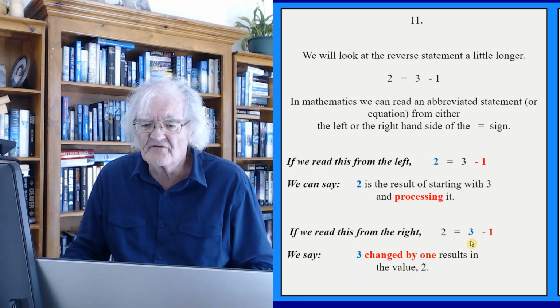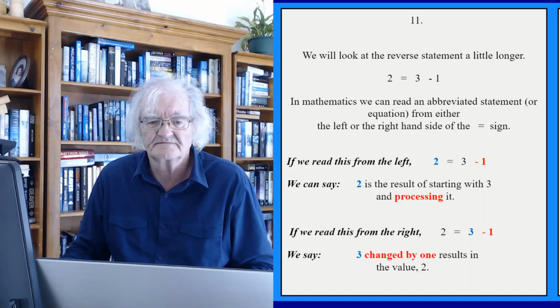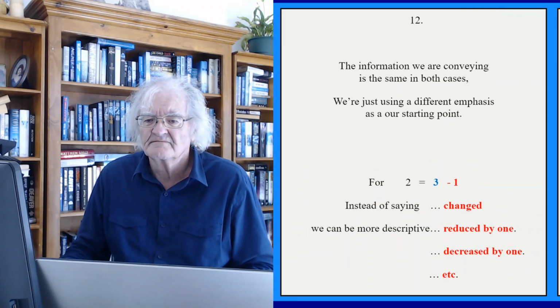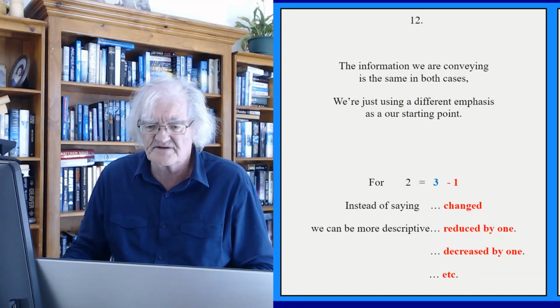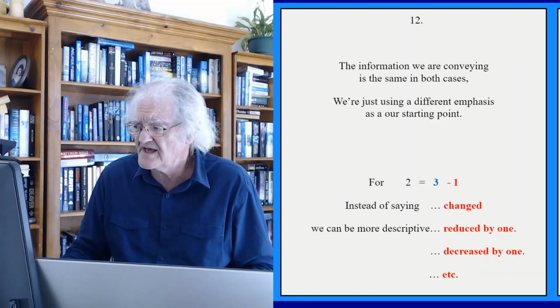If we read it from the right, we say 3 changed by 1 gets back to the value 2. The information we are conveying is the same in both cases, but we are using a different emphasis as our starting point.